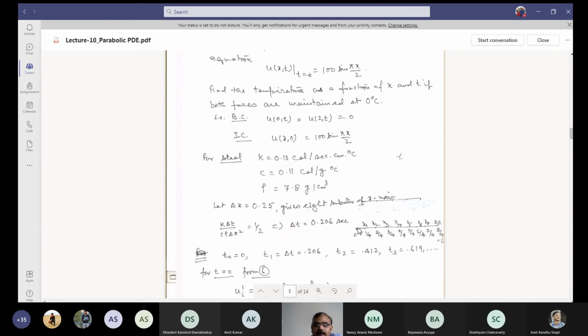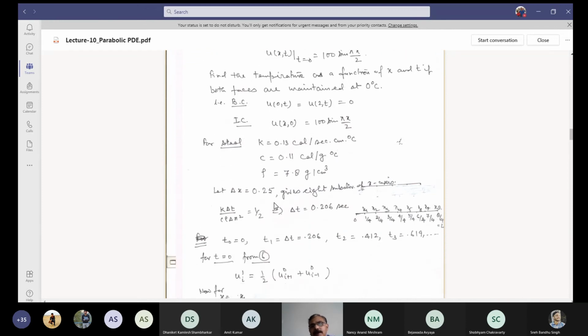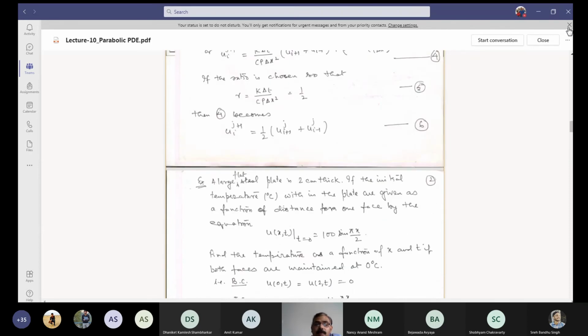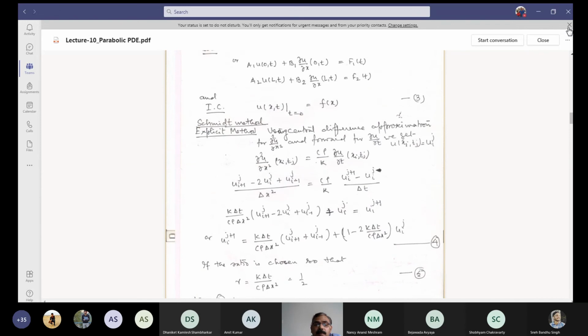Let us take delta x as 0.25. So the equation is same, del u by del t equal to k by C rho times del squared u by del x square.